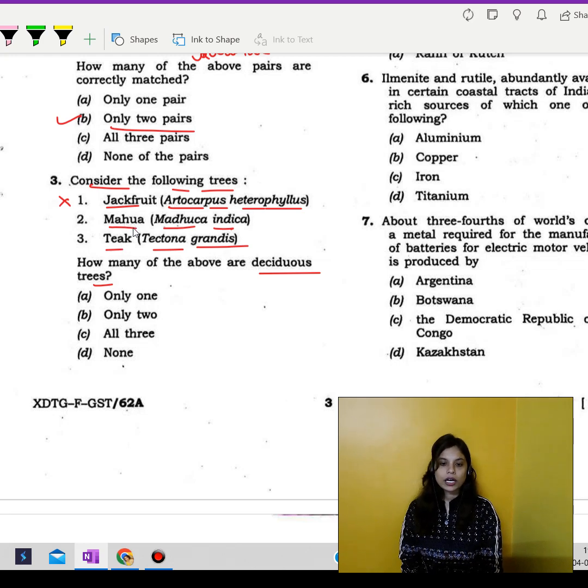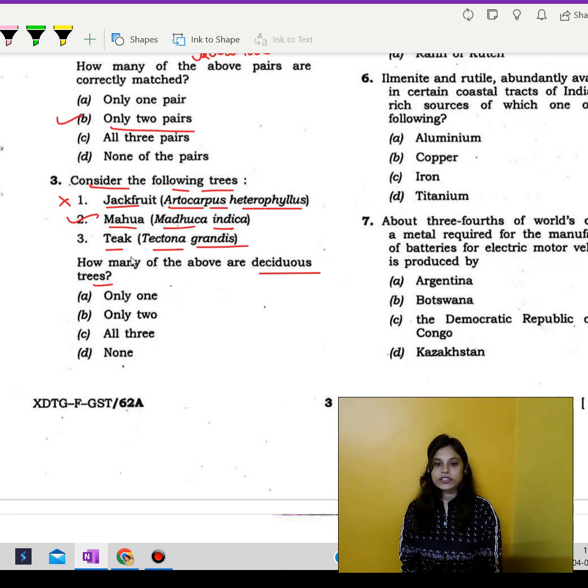Secondly, mahua. Mahua, which is the Madhuca indica, is found in the dry deciduous type of forests. Like if we go over to the forests of Chhattisgarh and Jharkhand, then this is correct because it's a deciduous example. Third is teak.